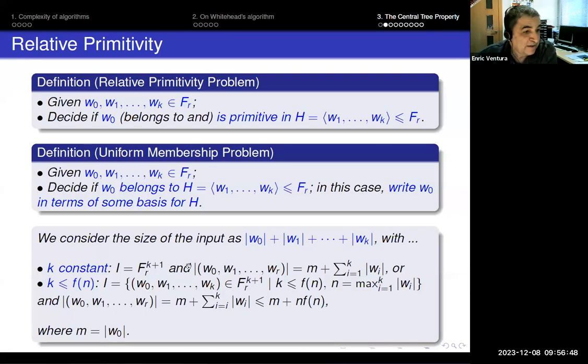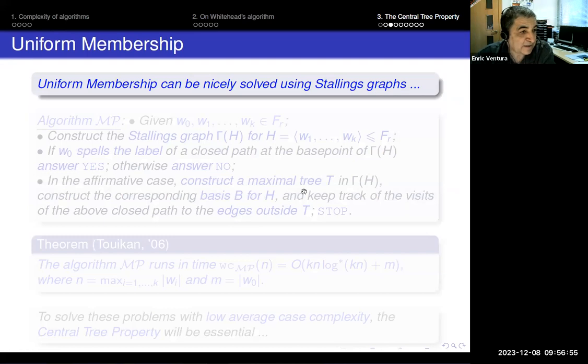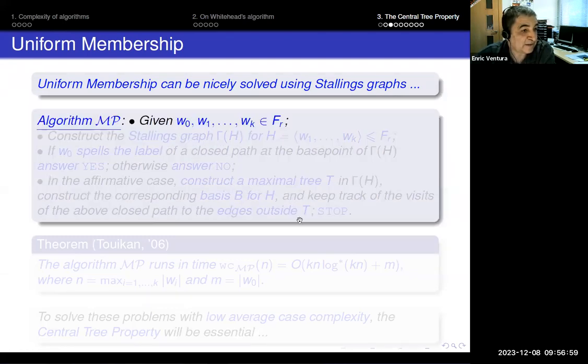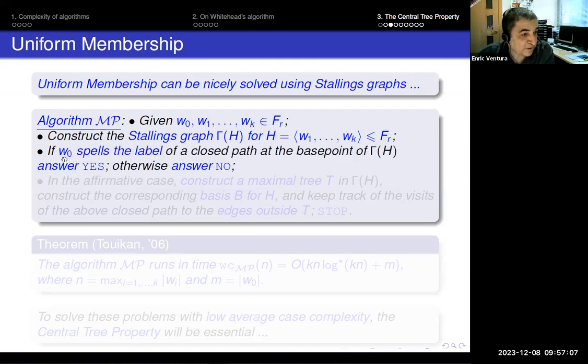Okay, how to solve this membership problem? This is again a very classical thing. It can be nicely solved, for example, by Stallings graphs. By using Stallings graphs, you construct the Stallings graph of the subgroup generated by the W's and try to read your element W0 as the label of a closed path at the base point.